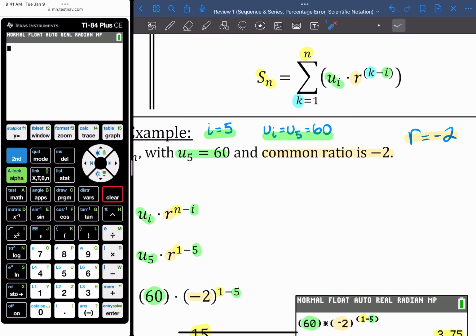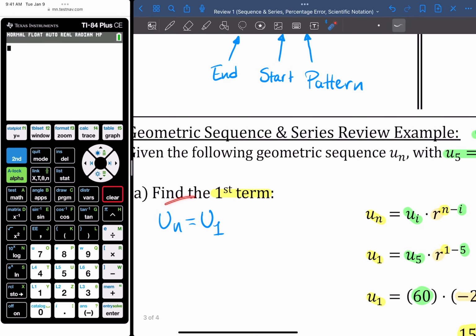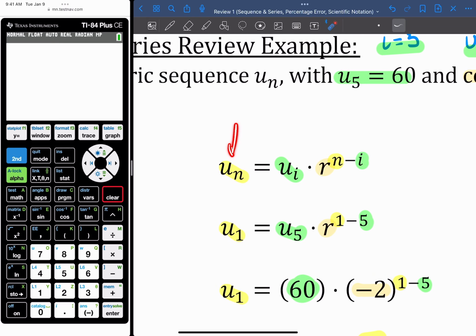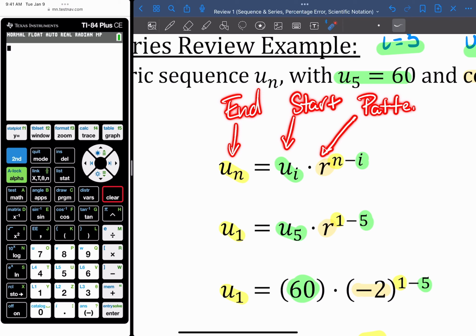Perfect. r, my pattern, the common ratio, is -2. What I'm trying to find, u sub n, is equal to u sub 1. That's where I want to end, at the value of the first term. This is where I start, the value they gave me. This is my pattern. And then this right here is my jumps.